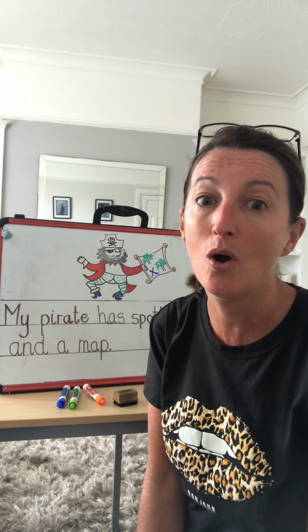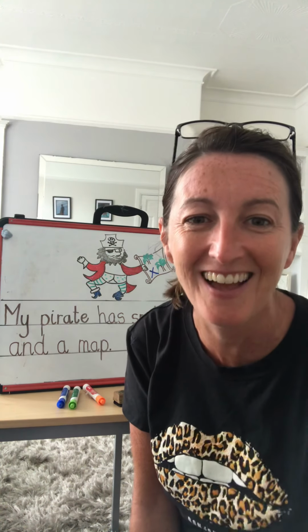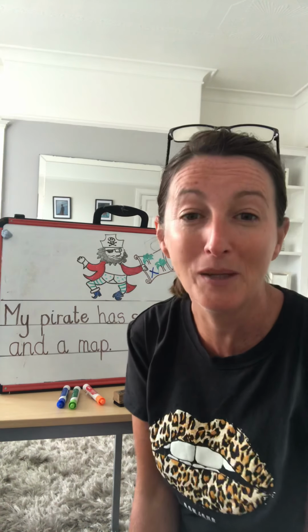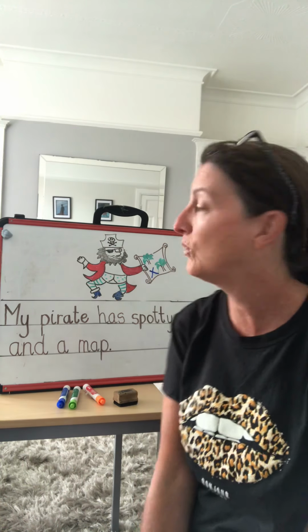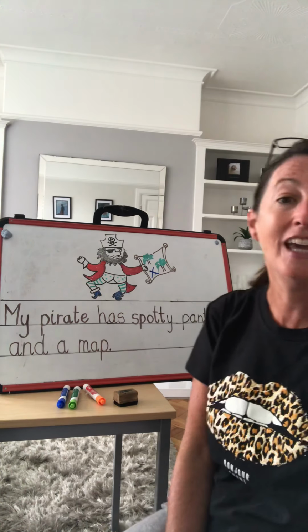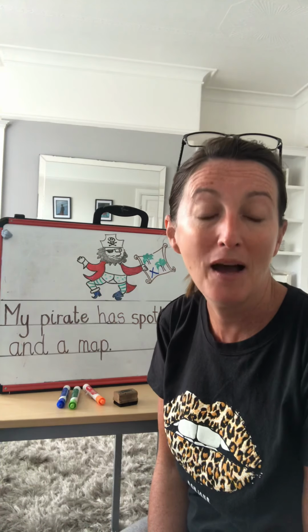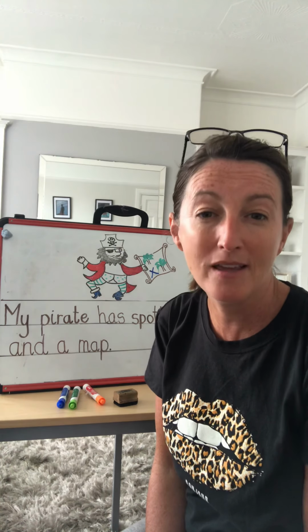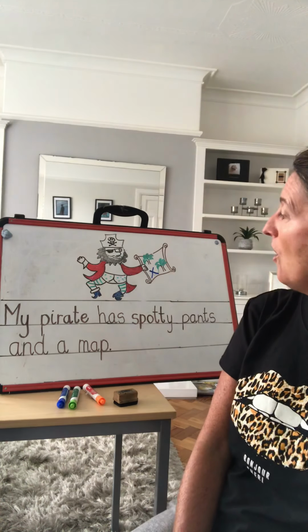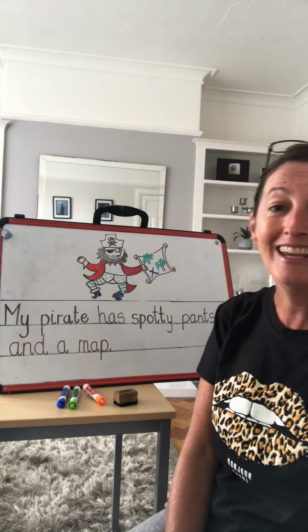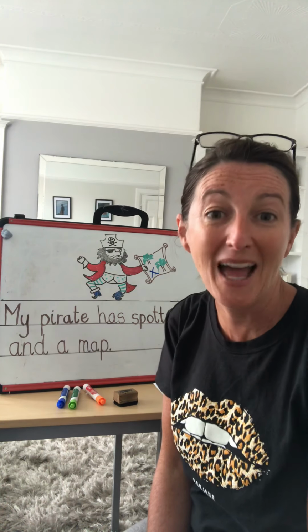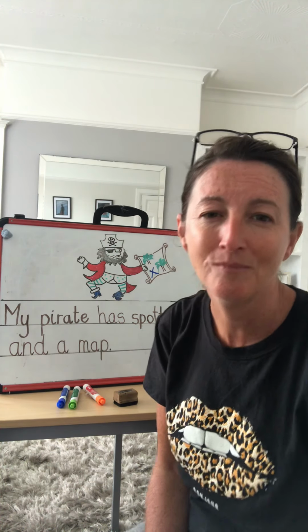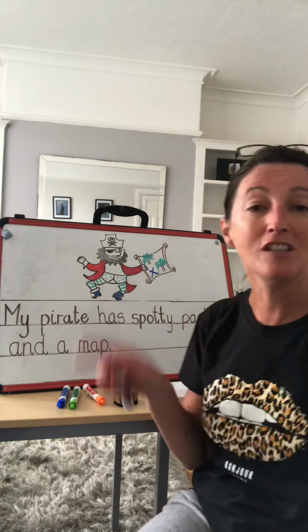Gold, oh, and there's a tricky bit in there. But if you use the digraph, that would be amazing. Gold. Or you could write, he has a pirate ship. Or he has a big pirate ship. Or he likes pants. Like is tricky though. So you've lots of things you can do.